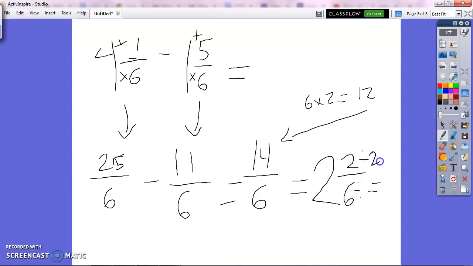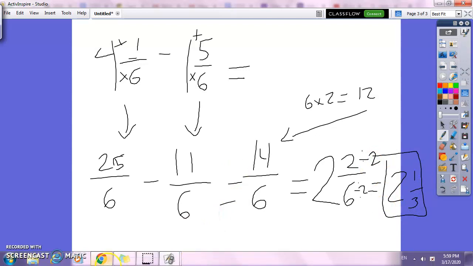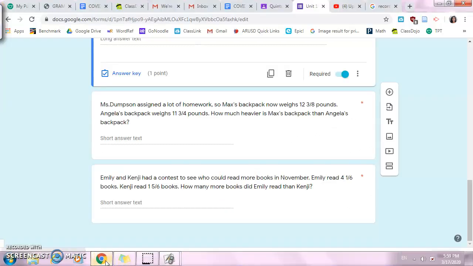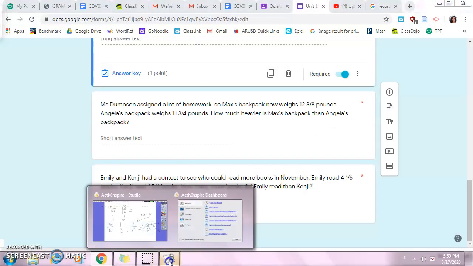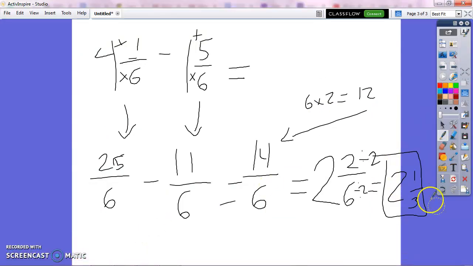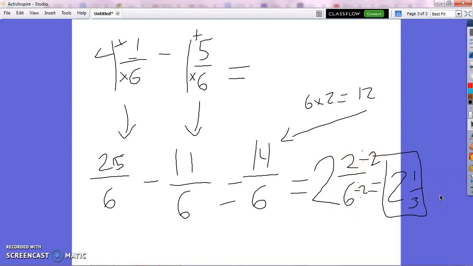What are they divisible by? 2. 2 and 1/3. So going back to the original, Emily read 2 and 1/3 books more than Kenji, okay? Remember, simplifying is just dividing to make it smaller, okay?